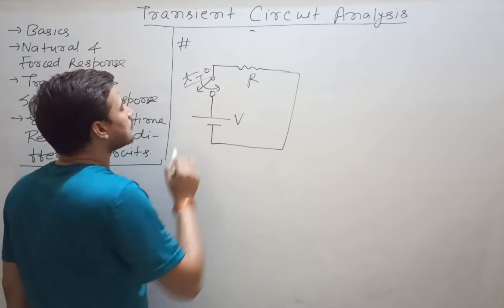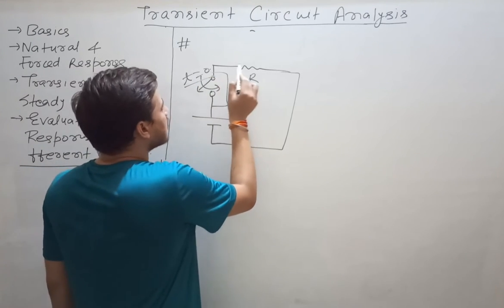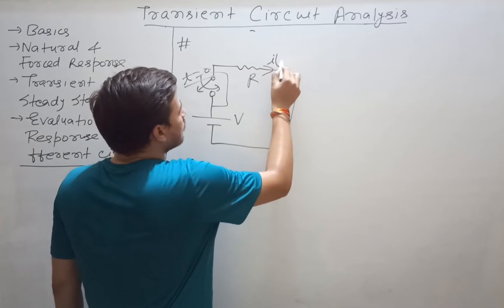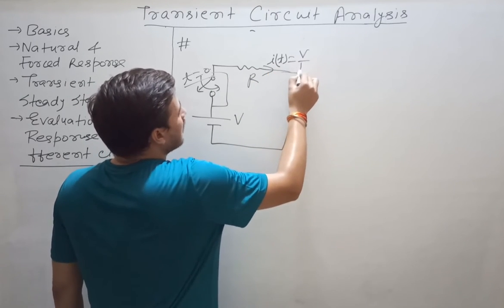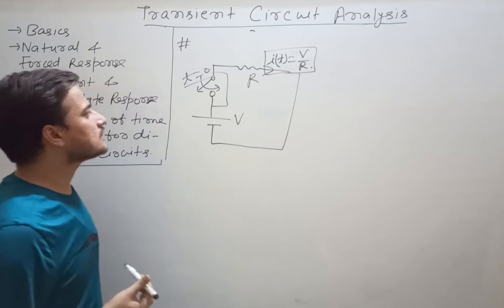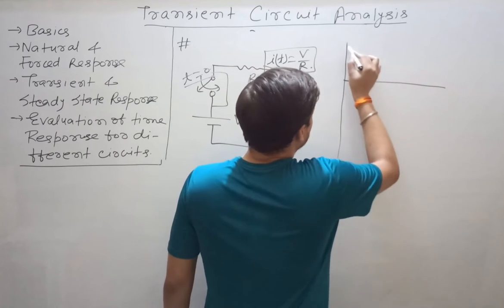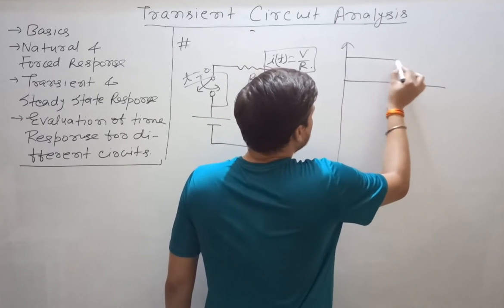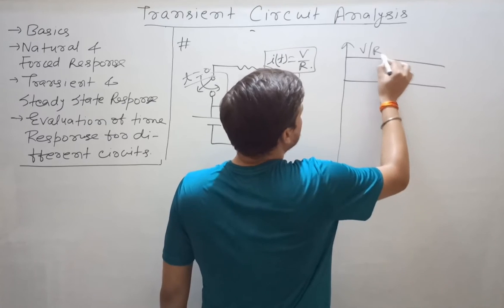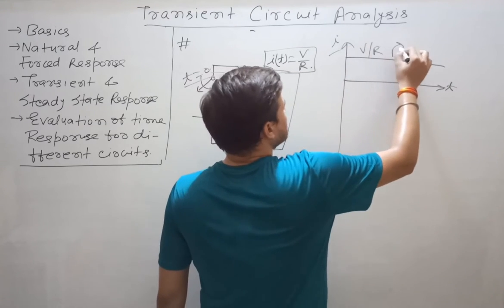When the switch is closed, a current i(t) equal to V by R will start flowing at the moment the switch is turned on. That means there will be a current like this. This current is V by R. This is time t, in the case of resistance.